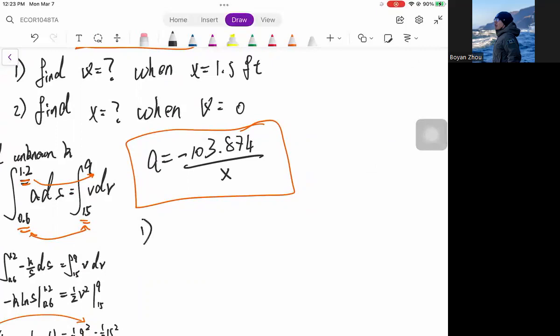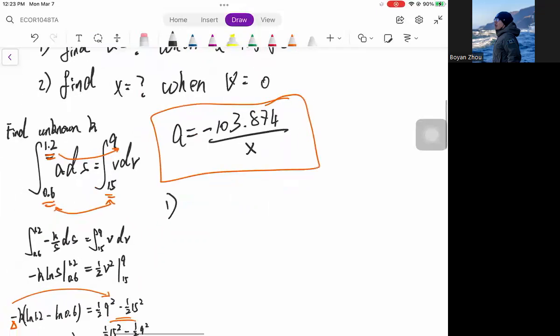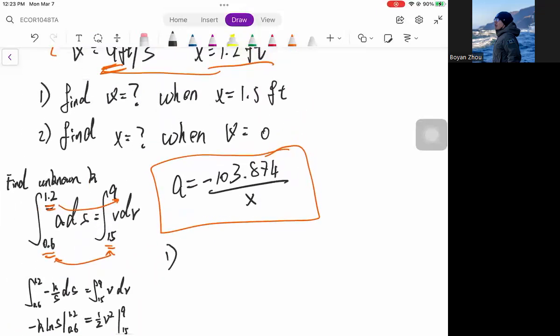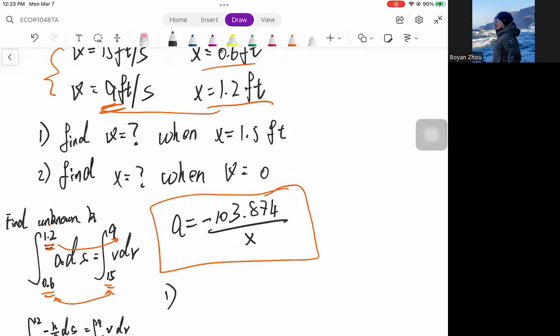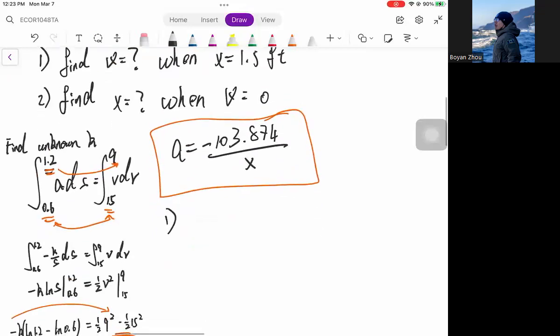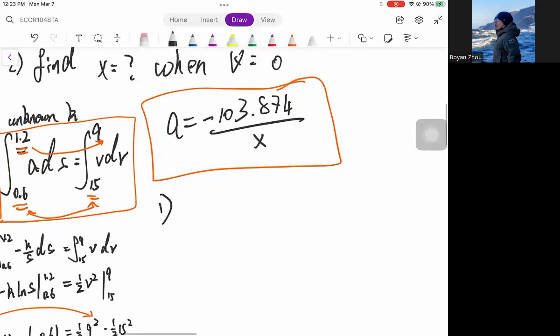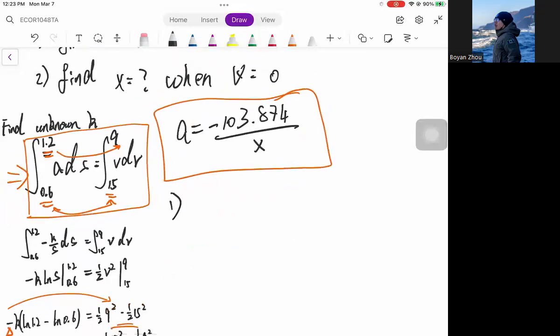So now we can solve the first small question. Find the velocity when x is equal to this value. We're going to use the equation here repeatedly, so we're just going to set up the equation.